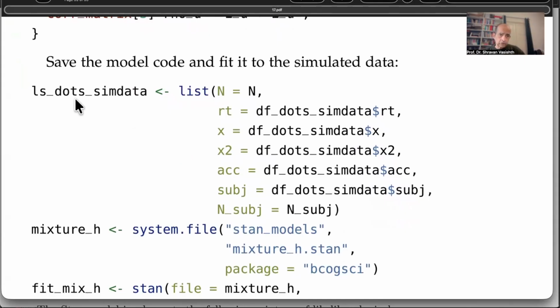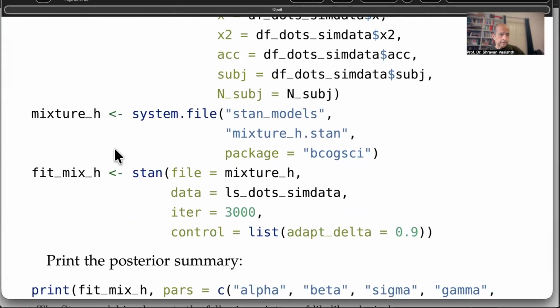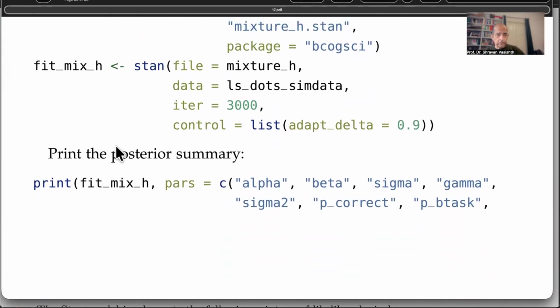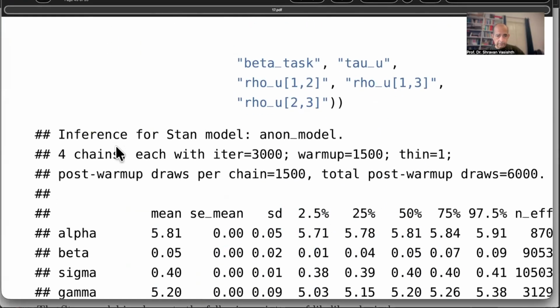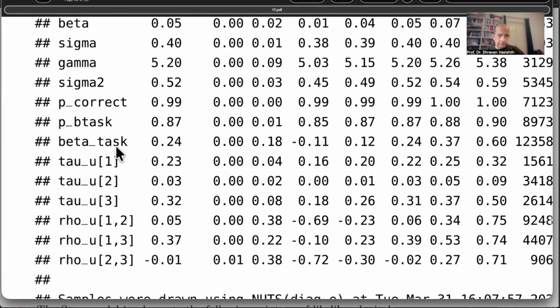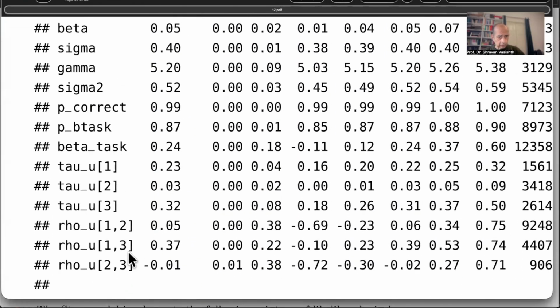So you set up the data in list form, extract the model from the bcogsci package, fit the model, and then print the posterior summary. And you'll see that the model estimates are pretty straightforward. The three correlations: 1,2, 1,3, 2,3.